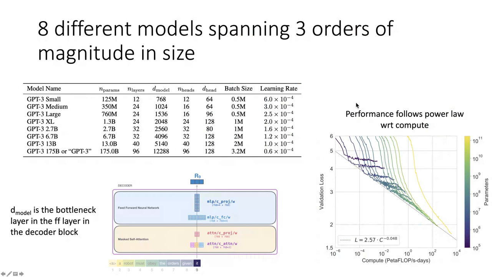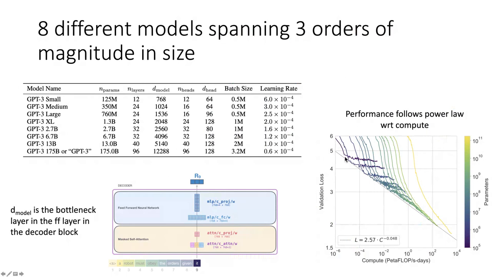This chart on the right is the performance in terms of validation loss with respect to compute. The x-axis is the amount of compute. The colors of the lines correspond to different versions of the model with different capacity, different numbers of parameters.